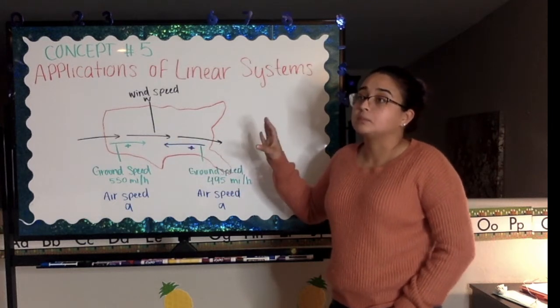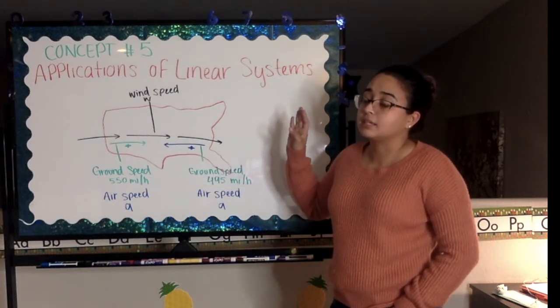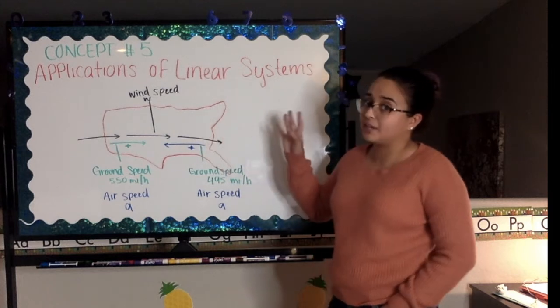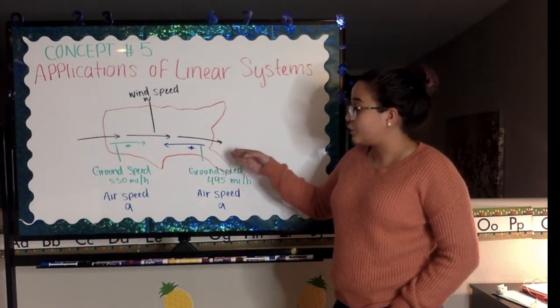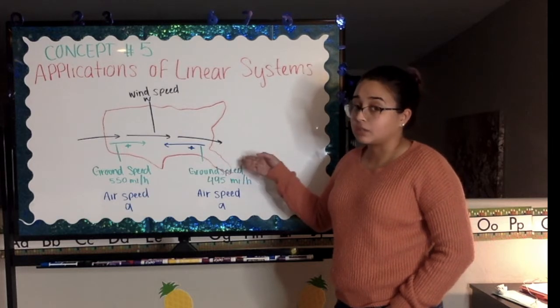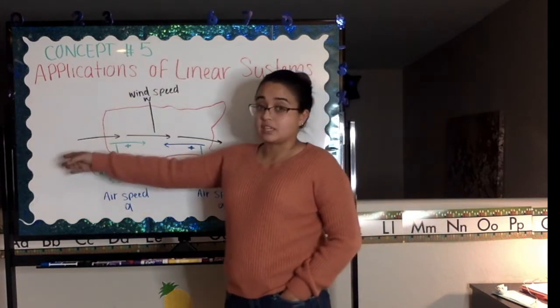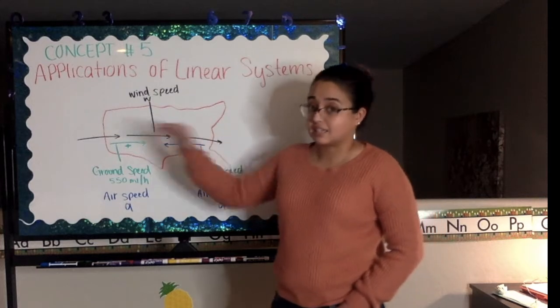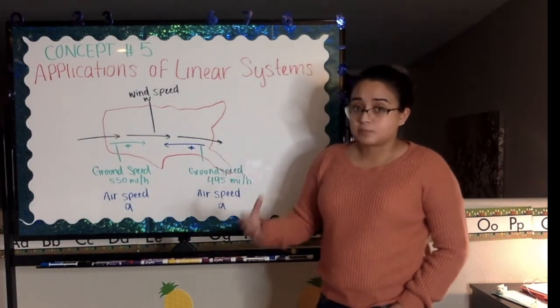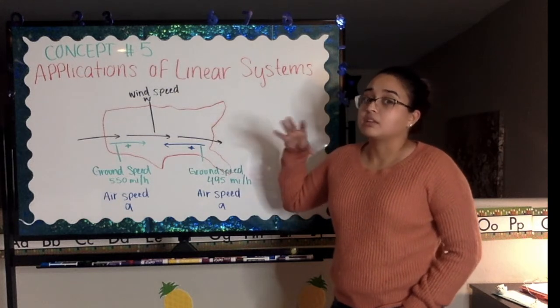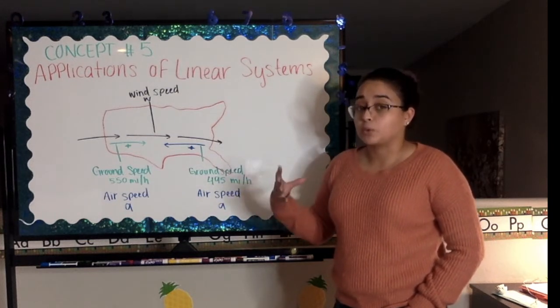So it is kind of pushing the plane, helping it. And the plane going from Charlotte in North Carolina to Los Angeles, California is going against the wind. So pretty much the air speed, when it's flying in the air, is the same for both planes.